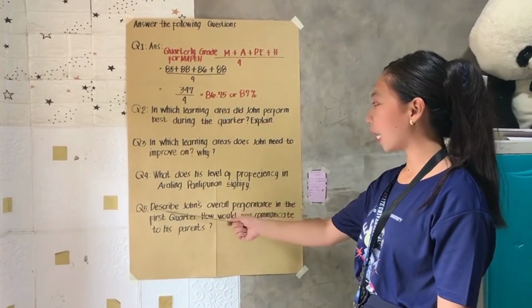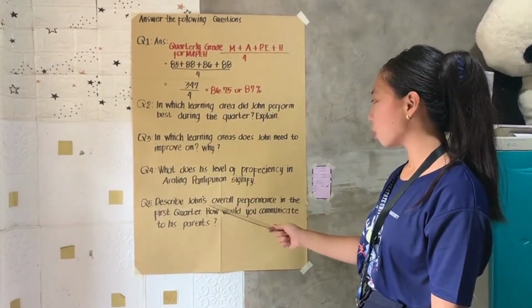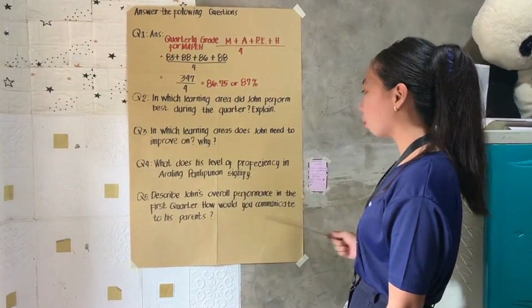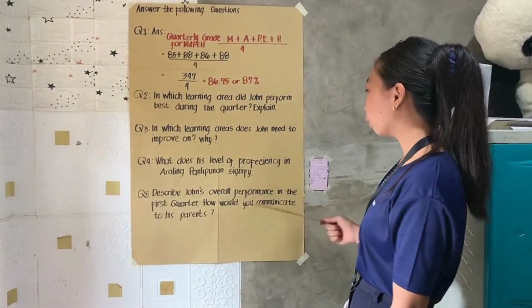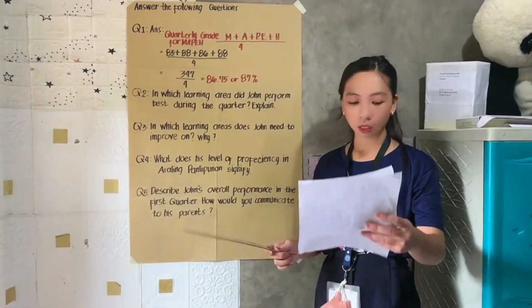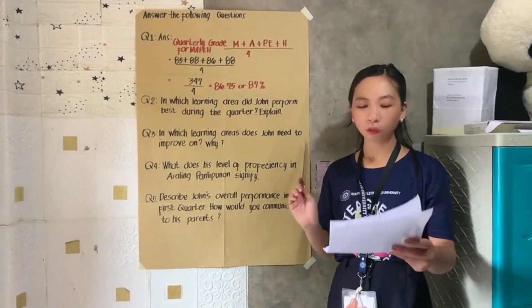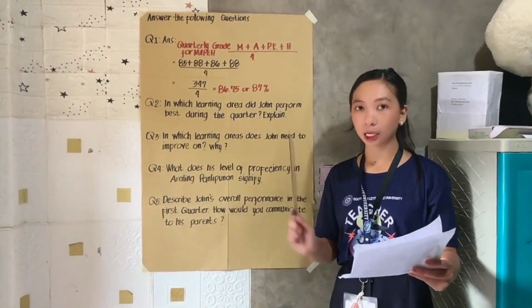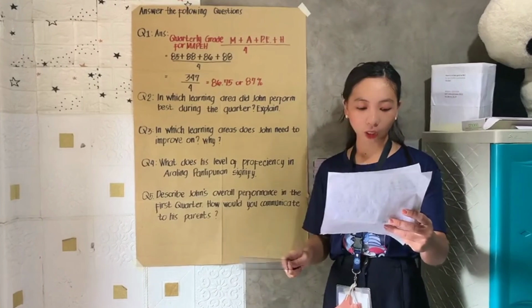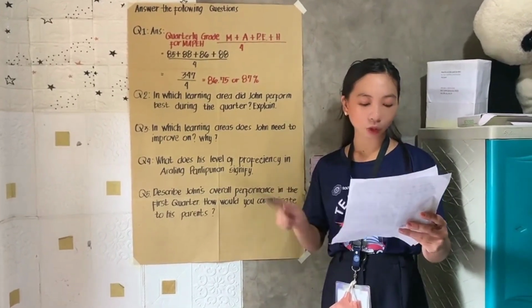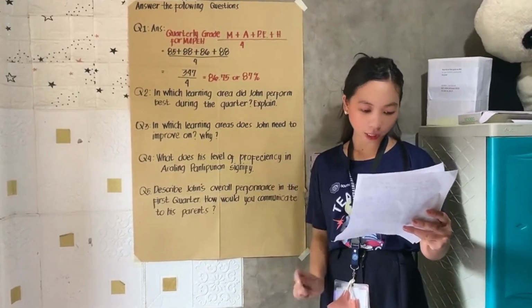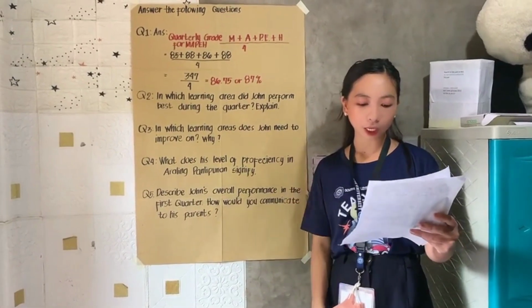And question number 5, describe John's overall performance in the first quarter. How would you communicate to his parents? So John's overall performance is good aside mathematics subject, which means he needs to have an improvement.